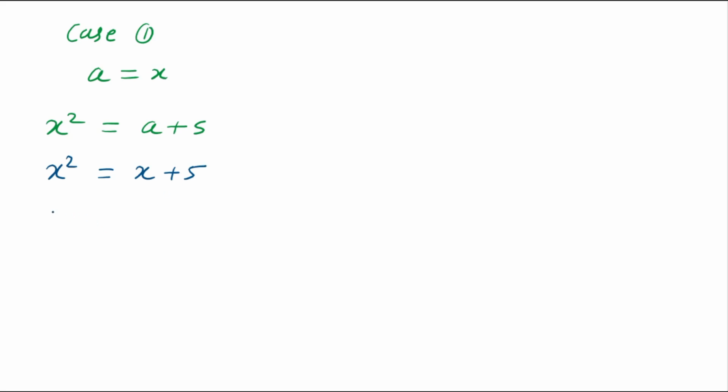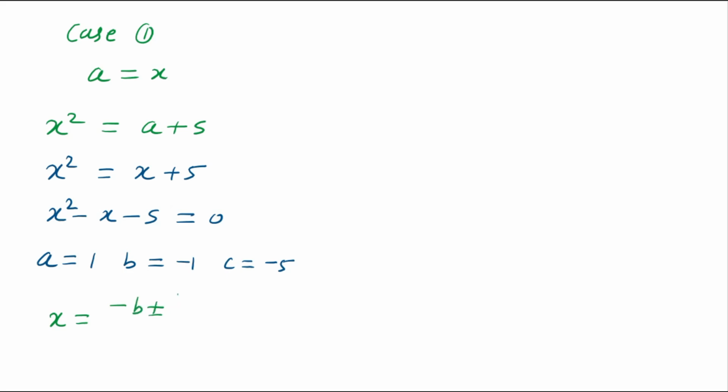Now if we take all the expressions on the same side, then x square minus x minus 5 equals 0. Here we have a quadratic equation in terms of x. Here we will apply the quadratic formula, but look carefully here, the value of a is equal to 1, the value of b is equal to minus 1, and the value of c is equal to minus 5. And the quadratic formula, x equals minus b plus minus square root of b square minus 4ac divided by 2 times a.